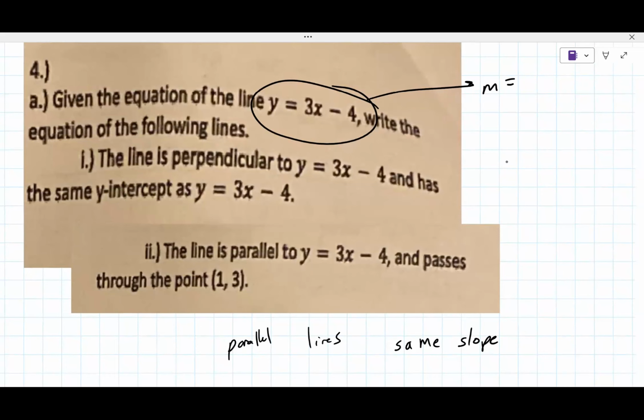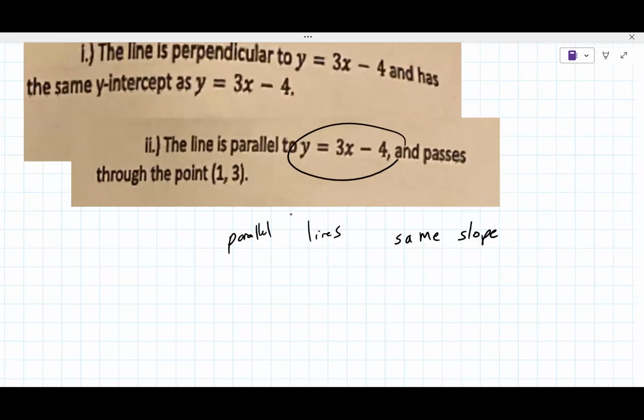The slope is going to be 3. Good. So the line that's parallel to this one has a slope of 3 and goes through the point (1, 3).